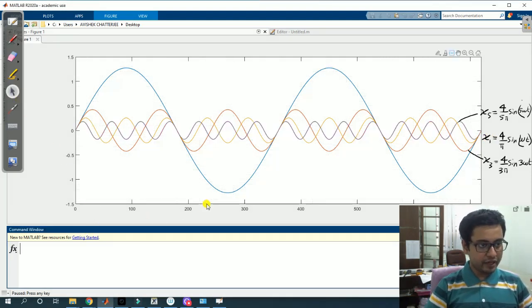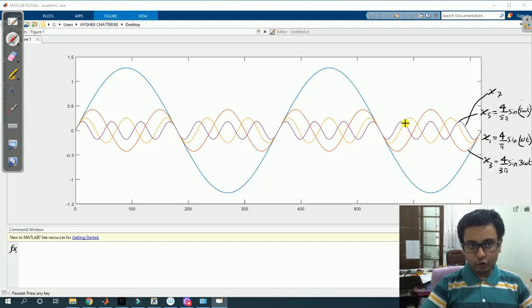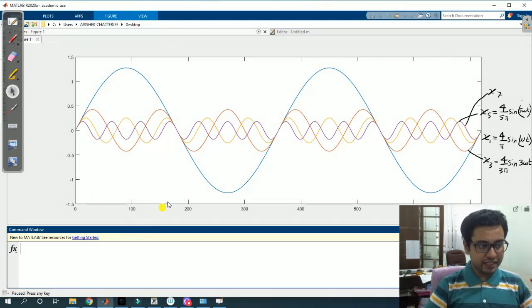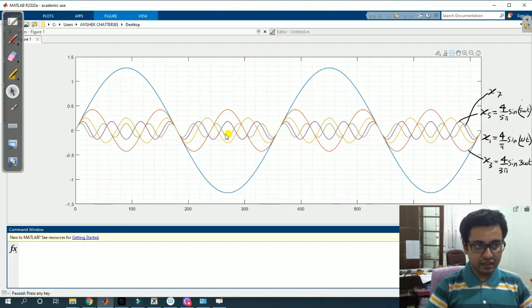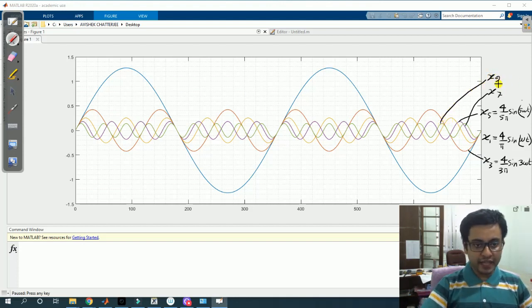In the same way, this new signal, call it x7, is 4 by 7 pi sine 7 omega t. And then this last one, the green one, call that x9, which is 4 by 9 pi sine 9 omega t.